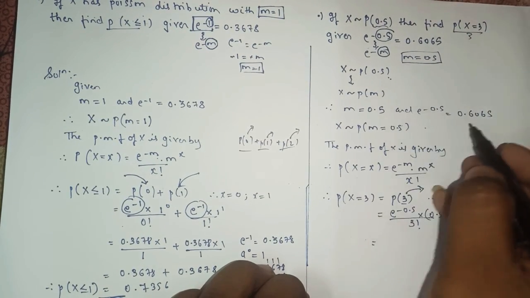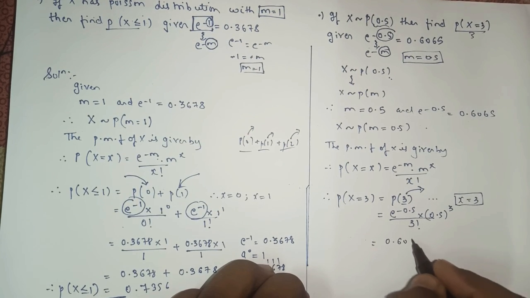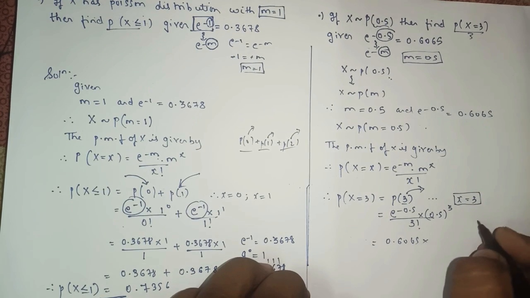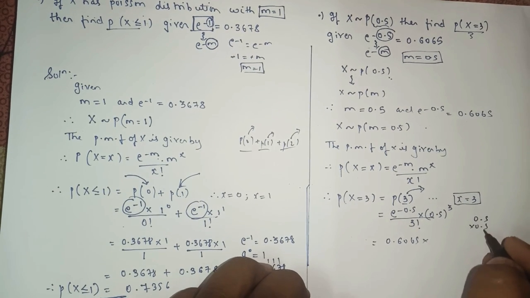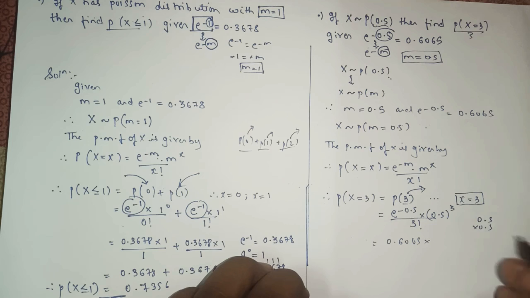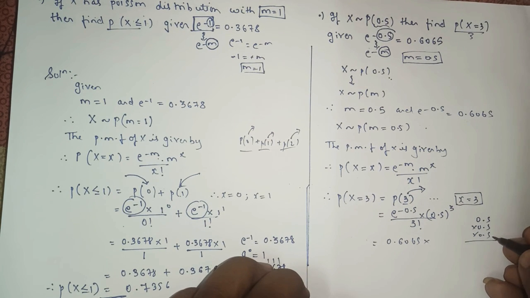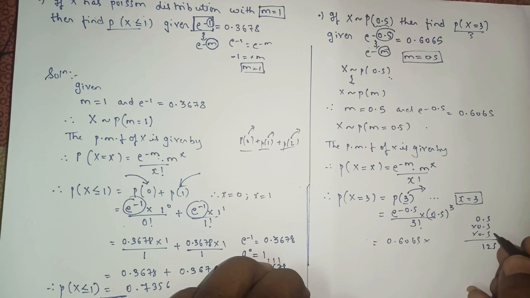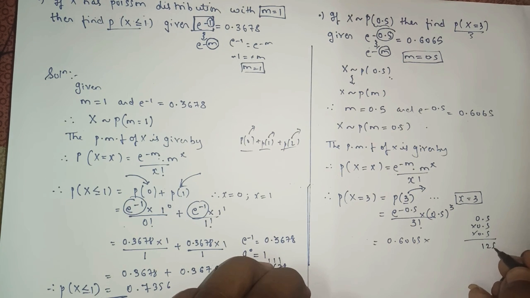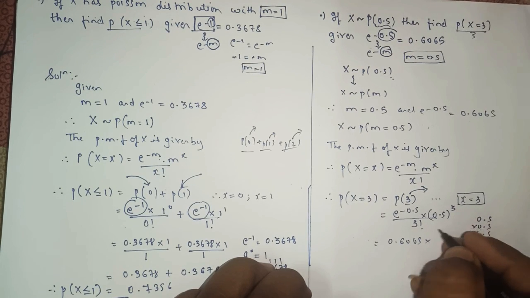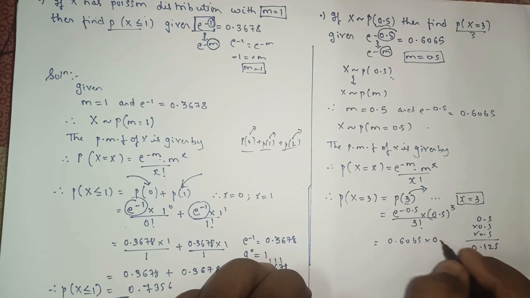It is 0.6065 into, when you multiply 0.5 into 0.5 into 0.5, 3 times, you get 5 fives are 25, 25 fives are 125. As there are 3 decimal places, you put the decimal after 3 places. So 0.5 into 0.5 into 0.5 gives 0.125.